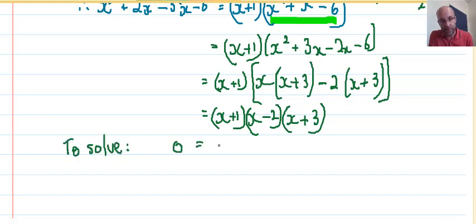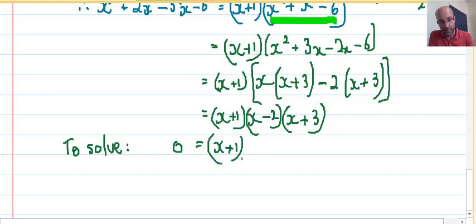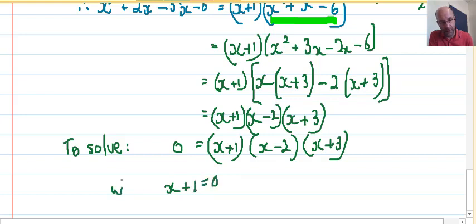So to solve it, we set it equal to 0. Null factor law now, as we said at the start of the video. So when x plus 1 equals 0, x equals -1.